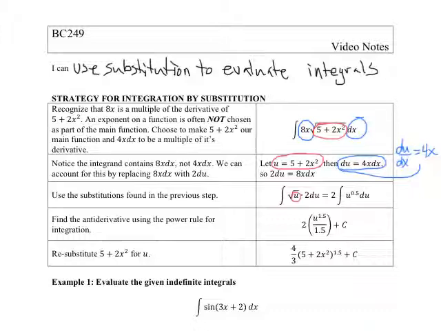Then we resubstitute 5 plus 2x squared back in for our u, and 2 over 1.5 is 4/3. And then we have u to the 1.5.